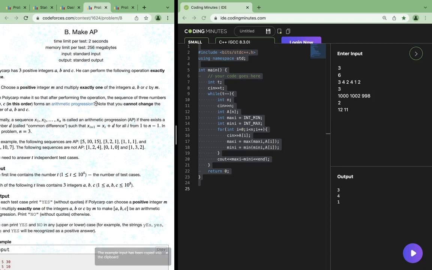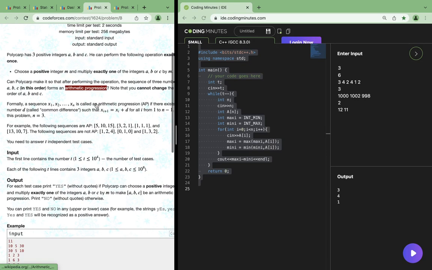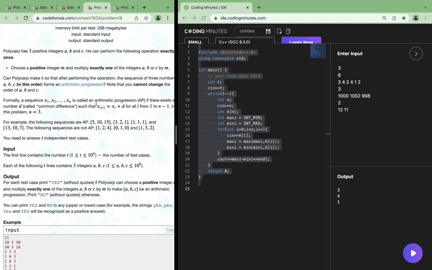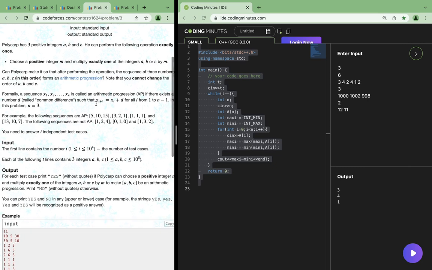Three positive integers, he can perform the following operations exactly once. Choose a positive integer m and multiply exactly one of the integers by m. Make it so that after performing the operation, the sequence of three numbers forms an arithmetic progression.